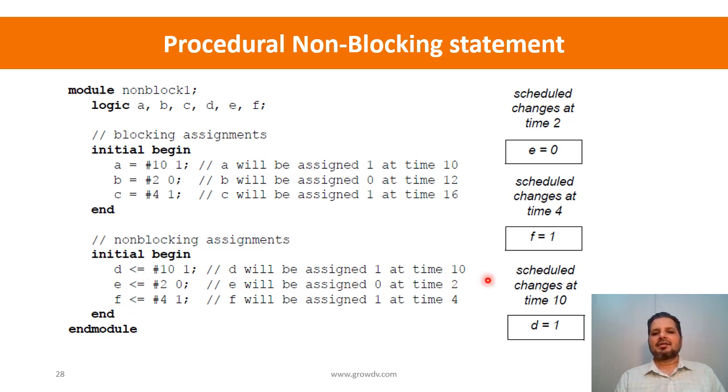So d will get assigned the value at 10, and then e will get assigned the value at 2, whereas here it was 12, right? So here it is 2, because the effect of this assignment is not seen by the next assignment statement, and hence they are executing in parallel. So that is the effect that the non-blocking assignment will create.